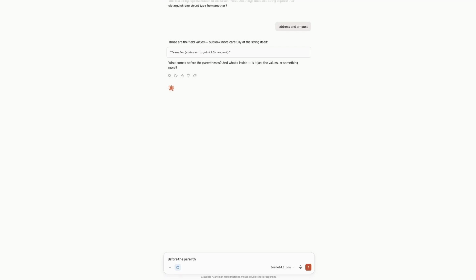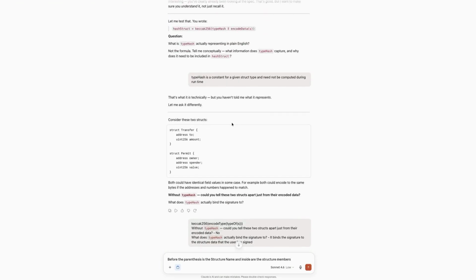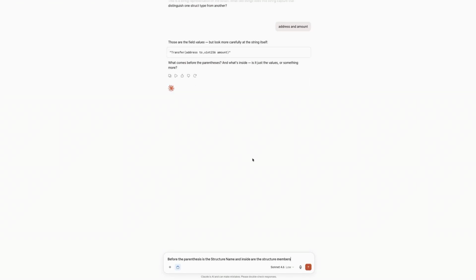Okay, before the parenthesis is the structure name, and inside are the structure members. So this way, typeHash distinguishes different structures.